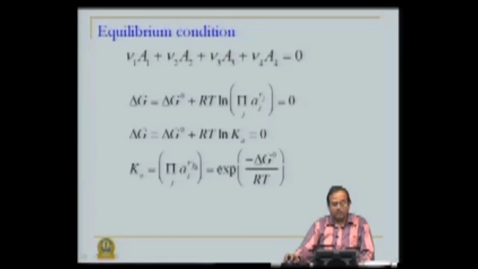So, my composition is expressed in terms of A j, and I refer to this equilibrium constant with a subscript A. This is my equilibrium constant related to the standard condition free energy change delta G 0 divided by RT, and the standard condition free energy change is nothing but the summation of the product of nu and chemical potential at standard condition.